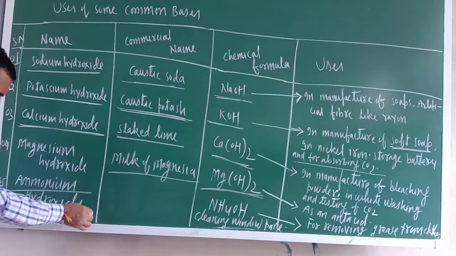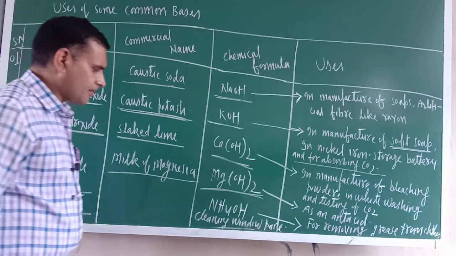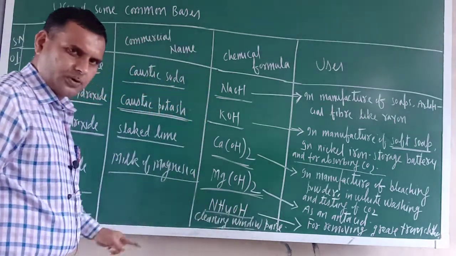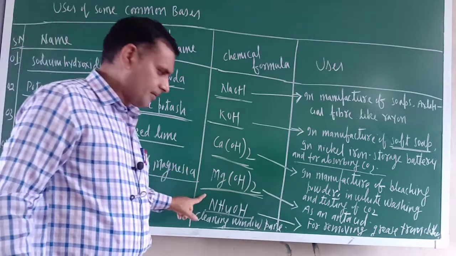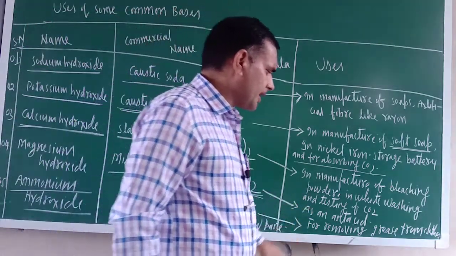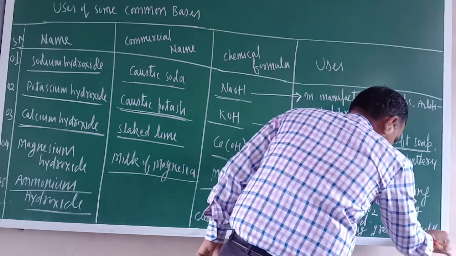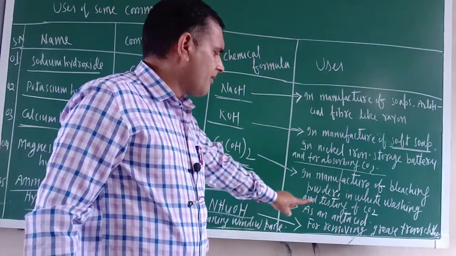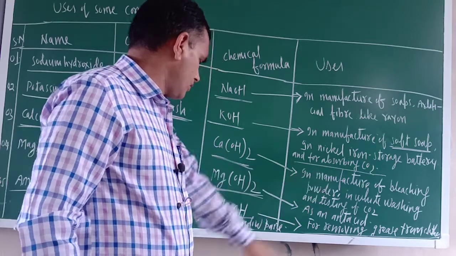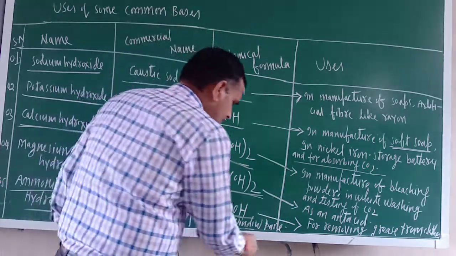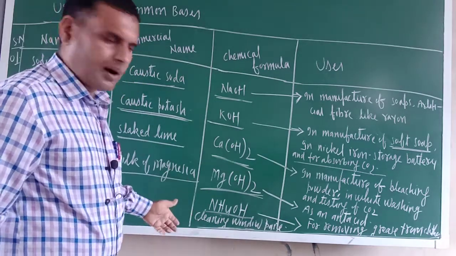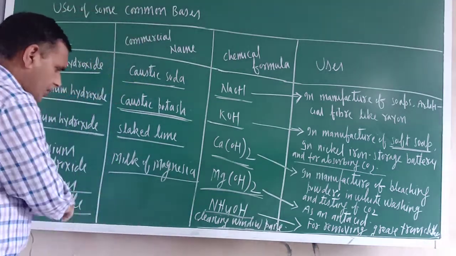Next one is ammonium hydroxide, NH4OH. It is used for removing grease from clothes. That is one of the applications. Another is for cleaning window panes.